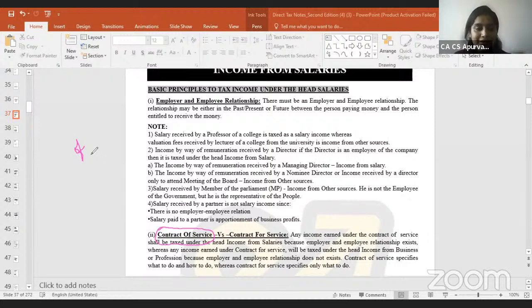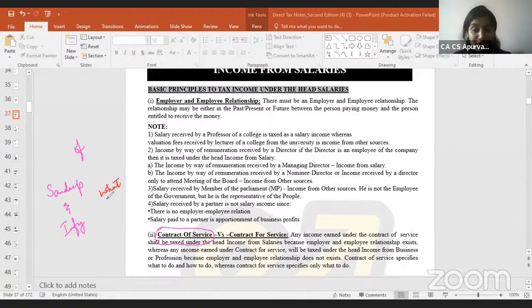In the contract of service, take an example, we'll go to our old example, Sandeep and Infosys. Infosys tells Sandeep what to do, what work he should undertake.